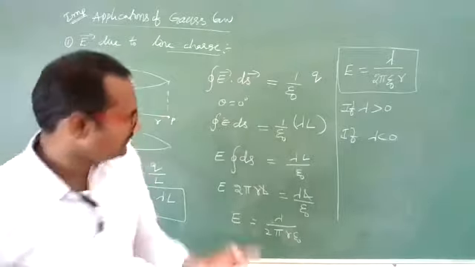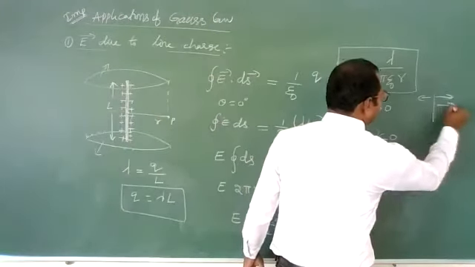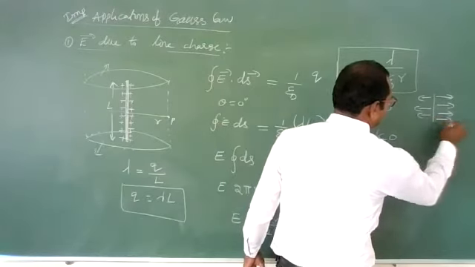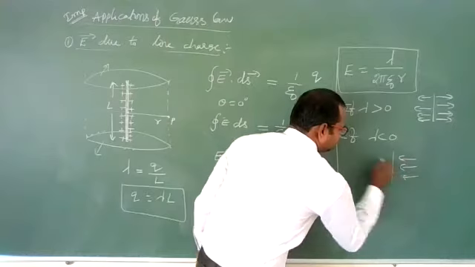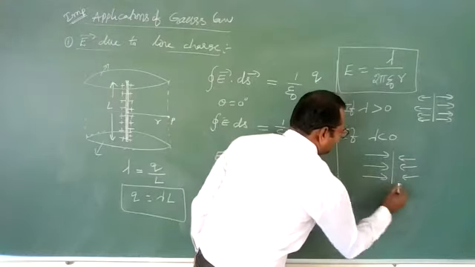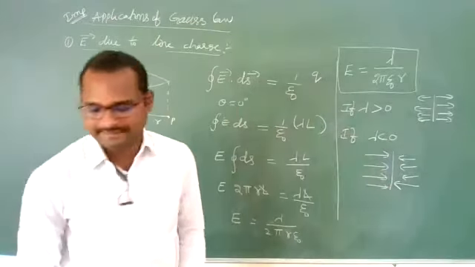Clear? That means for this line charge, the electric field will be radially outward like this, and for this, the electric field will be radially inward like this. I hope you are understanding what I am showing you here in the diagram.